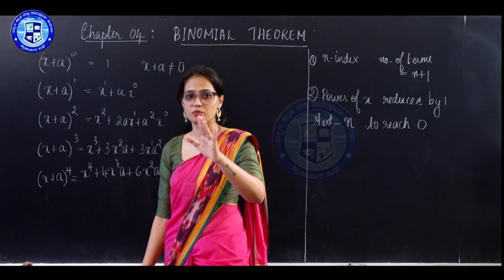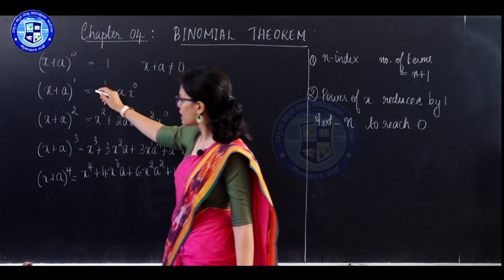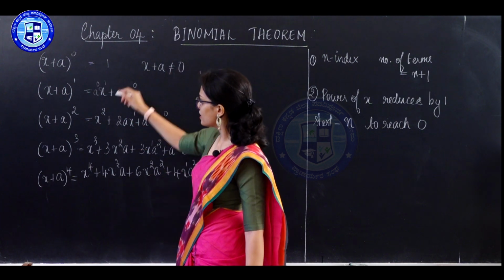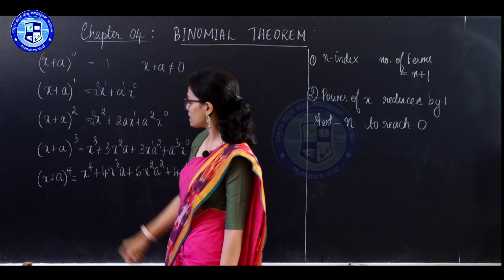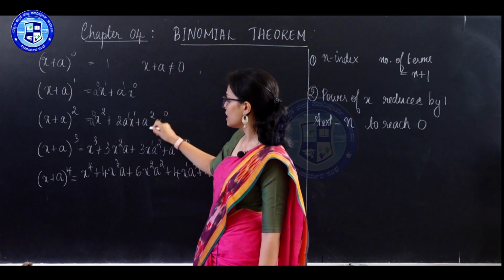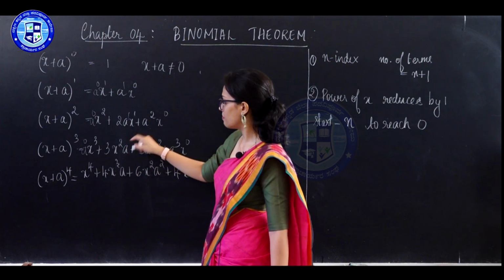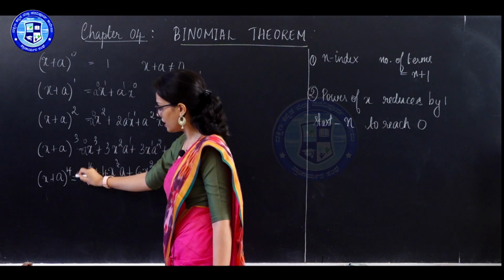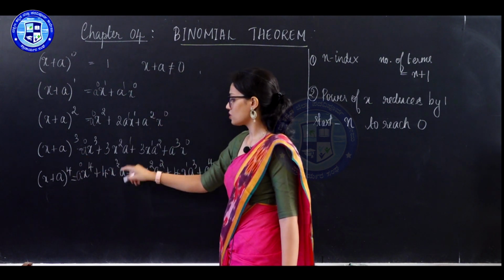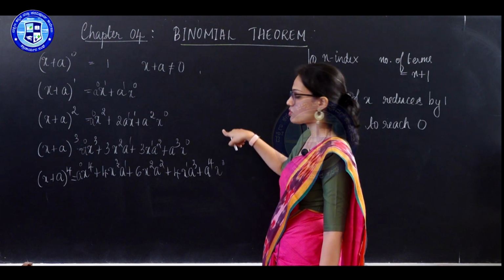Okay. Now let us observe the powers of a. Here there is nothing, so we can write a to the power 0. Here we have a to the power 1. There is nothing here, so we can write a to the power 0, then a to the power 1, a to the power 2. Here a to the power 0, a to the power 1, a to the power 2, a to the power 3. For the last one, a to the power 0, 1, 2, 3 and a to the power 4.